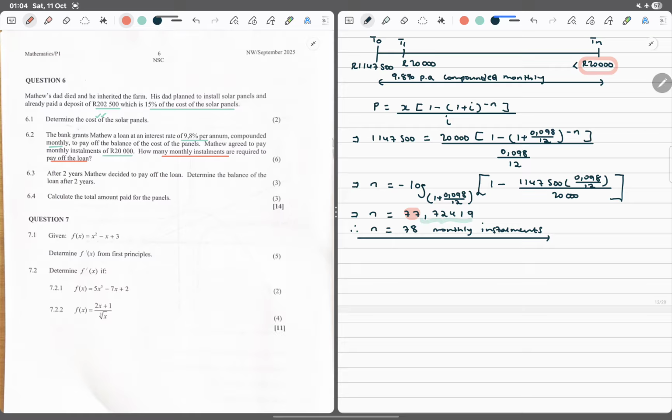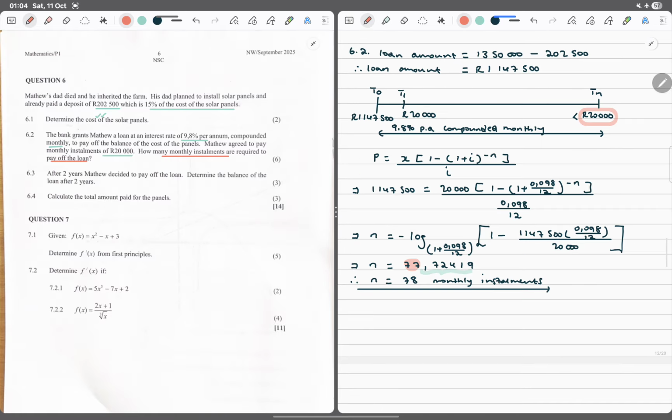Okay, now let's get the marks. Nice and easy. So we know that to get our rate nicely is important. The substitution is important. Using the logarithm is very important. Final answer, very important. So we've got 4 marks.